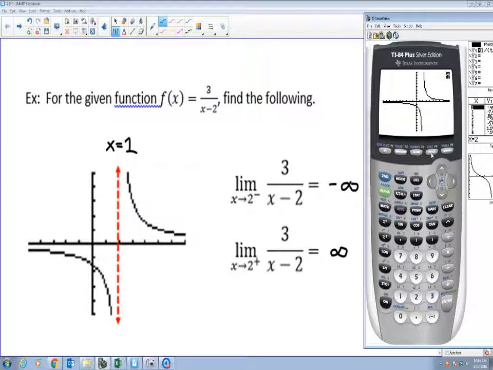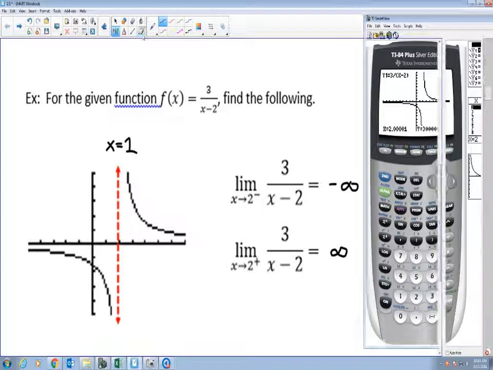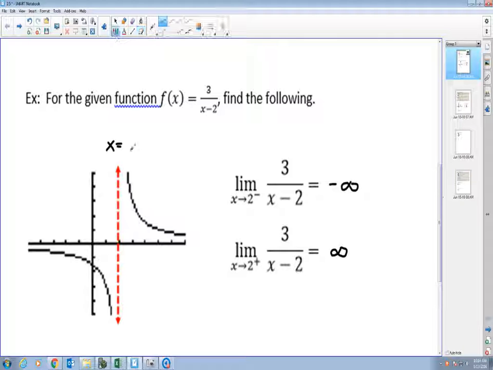Let's make it as close as we can, maybe 2.00001, and my y value is 300,000. So as I'm getting closer to 2 from the right-hand side, my y value increases without bound. That's what that means.